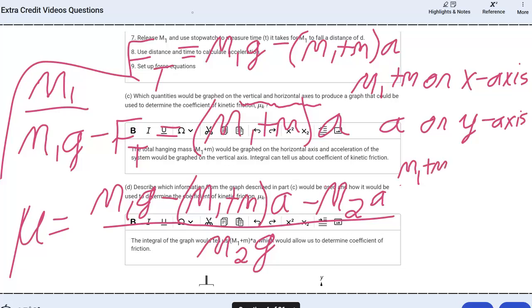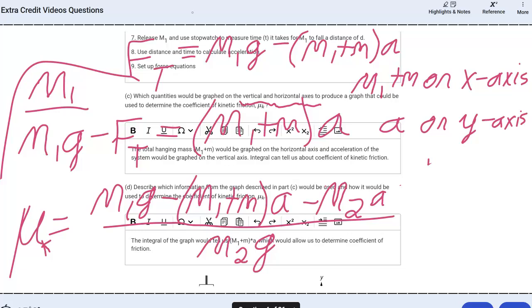And this is answering part D too, it's saying describe which information on the graph described in part C would allow us to figure out mu. I should draw a little k in front of mu, kinetic coefficient of friction. Well, if we take the integral of this graph, we can figure out what M1 plus M times a is.